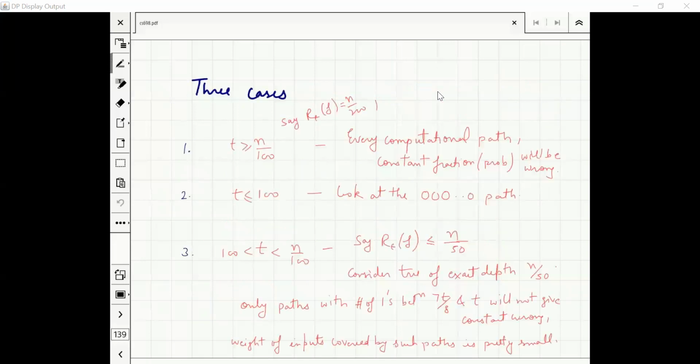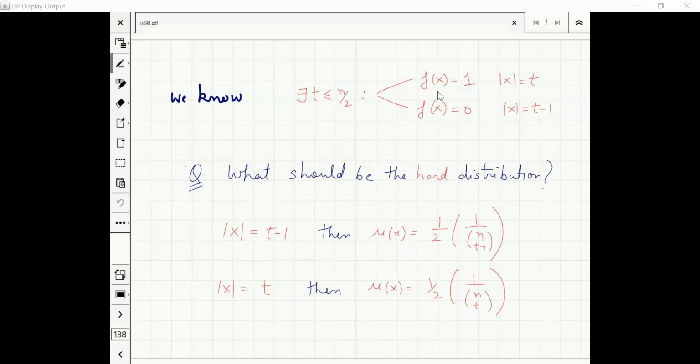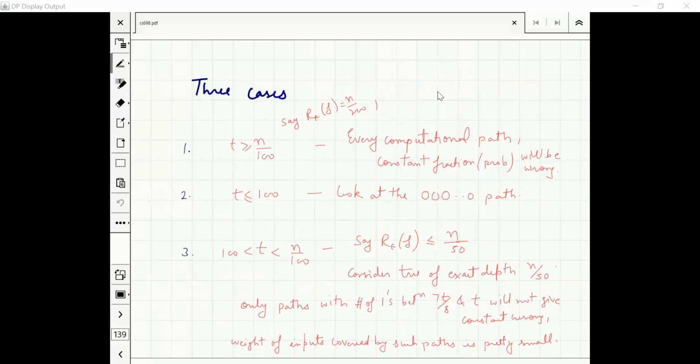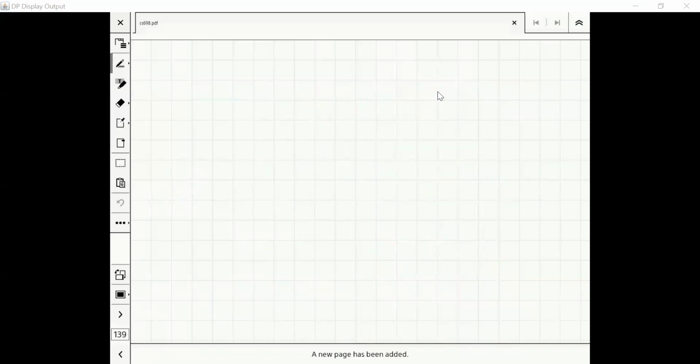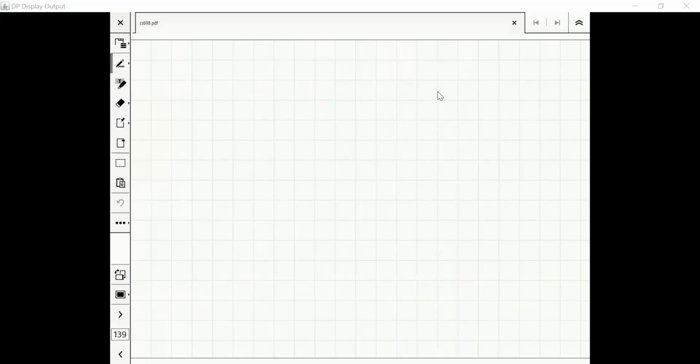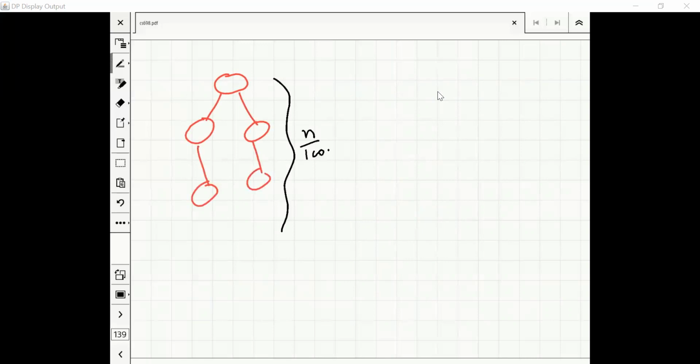Let me show you a few things. You remember what t is, right? t is the place where the function value changes. Now I have a deterministic tree of depth n by 100.